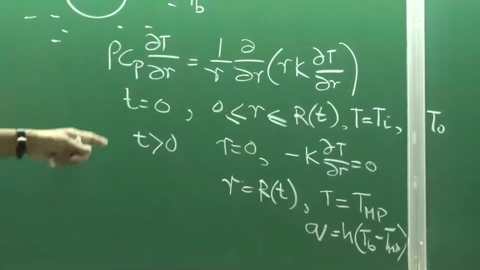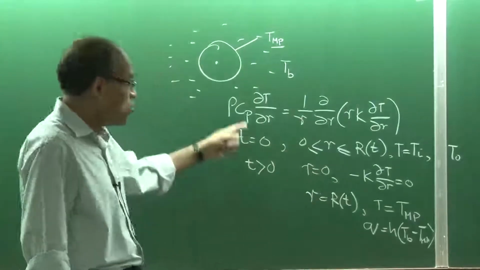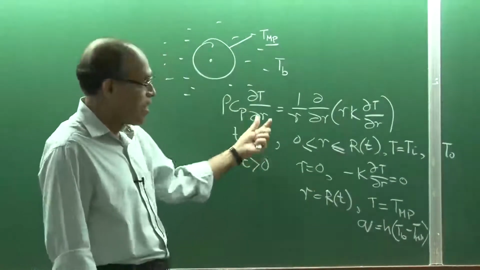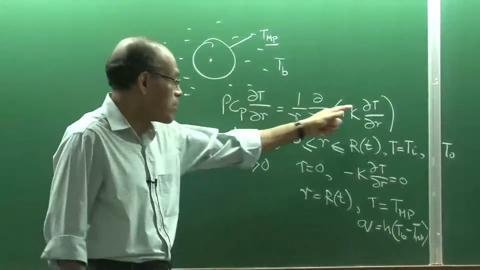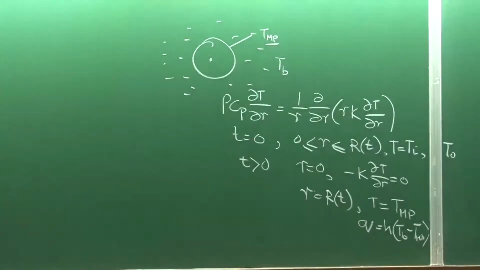So this is what I had written, and I also said that we cannot solve this equation as such because the statement is not yet complete, because it appears that there are two unknowns here. One is the temperature field and the other is the radius itself, and for that I wrote this equation.